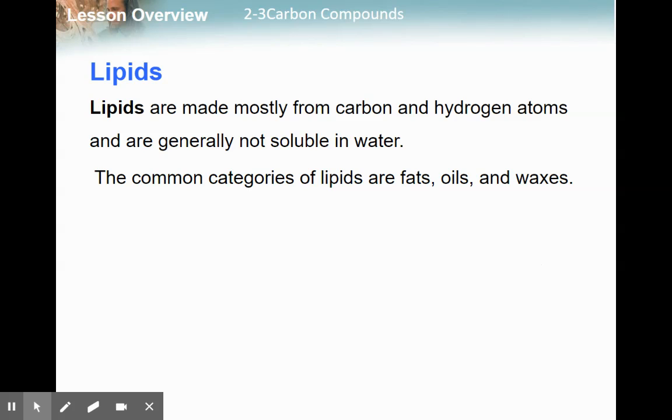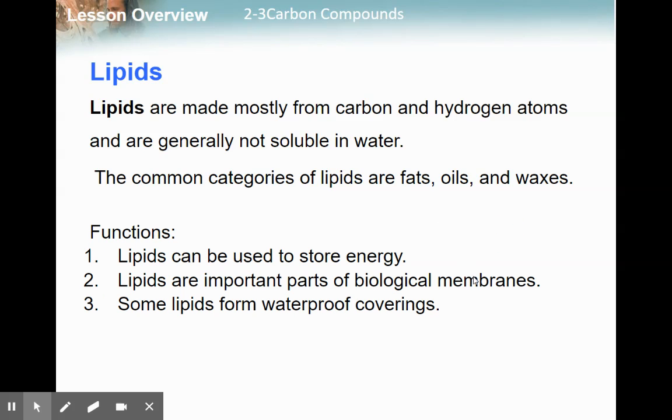And you know, if you try to put oil in water or a fatty substance like grease in water, it doesn't break down very easily in the water. The functions of the lipids is it can be used to store energy. Lipids are also important parts of the cell membrane. And then some lipids form waterproof coverings because of that fatty substance.